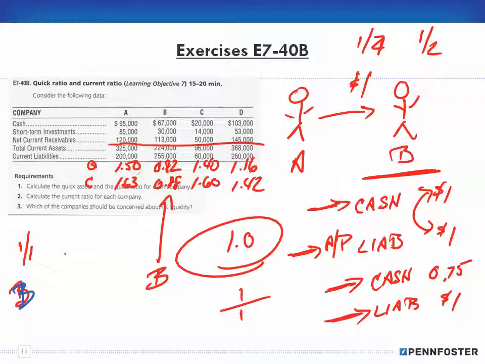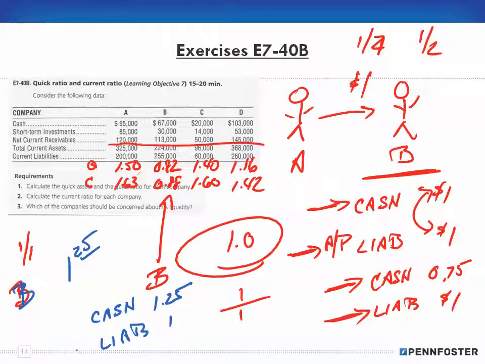They buy a notepad for $1, okay, and later on that day, they find somebody that'll buy the notepad, right? And they buy it for $1.25, okay? Well, now person B has cash of $1.25, and their liability is $1, okay? So, their ratio here is 1.25. It's greater than 1. All right.